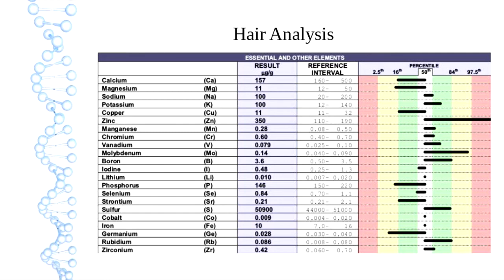The toxic metals might look okay, but there's an extreme imbalance in the essential elements. You work on balancing the essential elements, which could be by taking minerals people need, but it could also be by doing a lot of detoxification. And then the essential elements look better on subsequent hair analysis tests, and now you actually see an increase in toxins being dumped down into the hair on follow-up hair analysis.